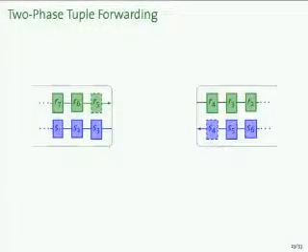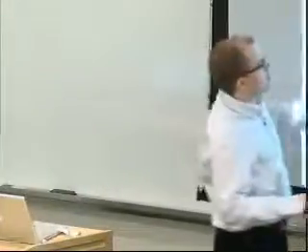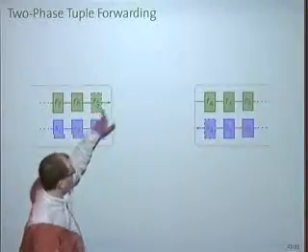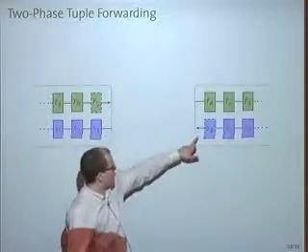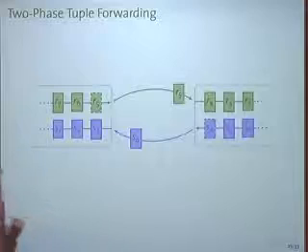So what we now do is this two-way forwarding. We assume this core wants to send out R5, and this one wants to send out S4. It sends it over into the FIFO queues in between, and then let's assume that this core here picks up this S4.